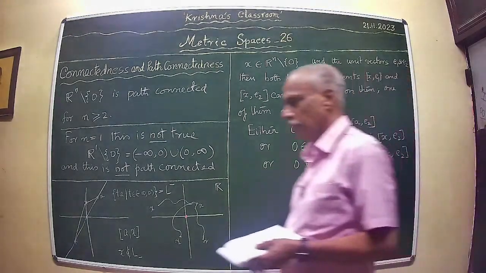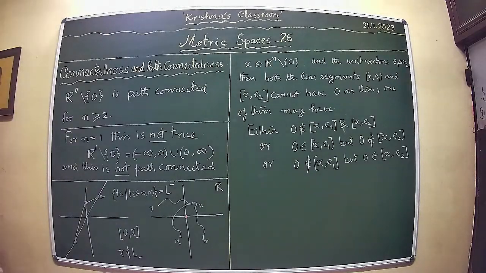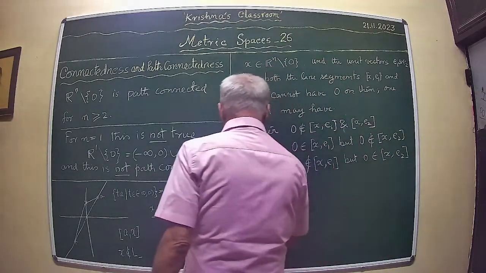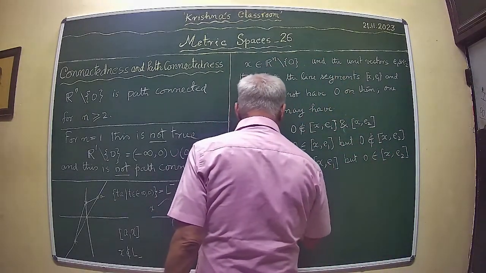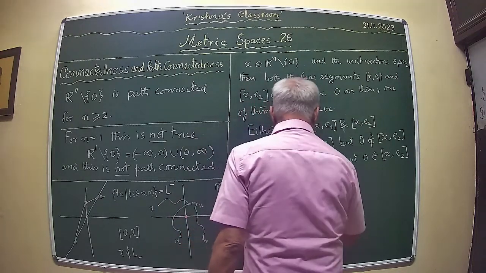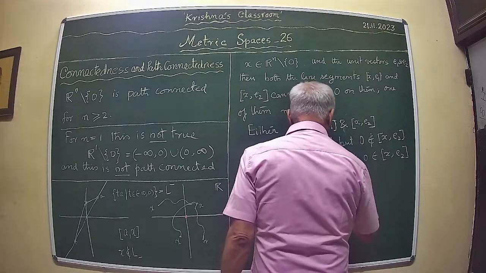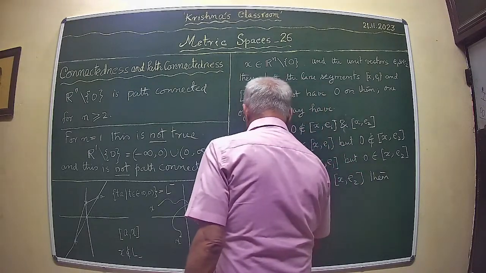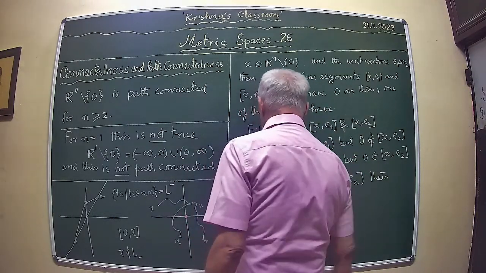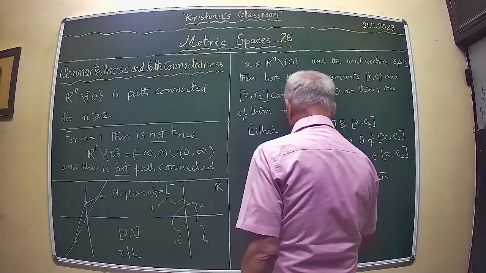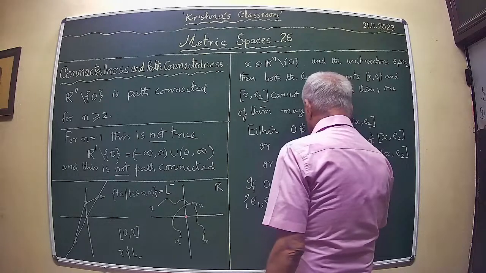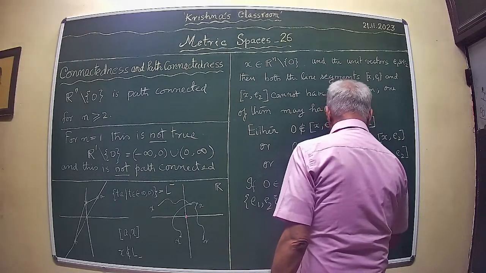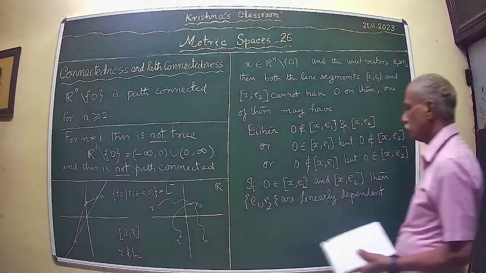So this is what we have proved. Only one of these things is possible. That is, what we have proved is that if 0 belongs to both the line segments xe1 and xe2, then e1, e2 are linearly dependent, which is not possible.